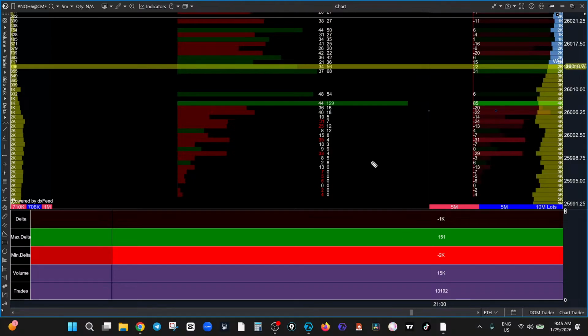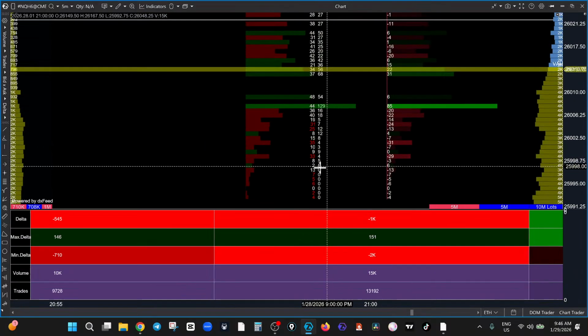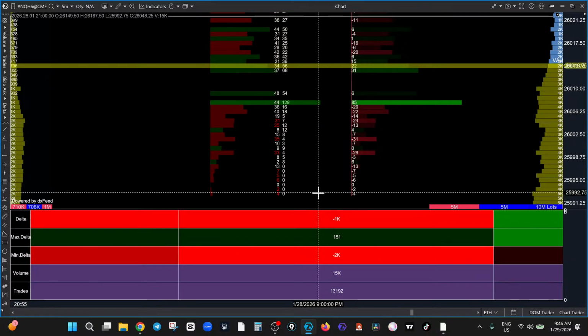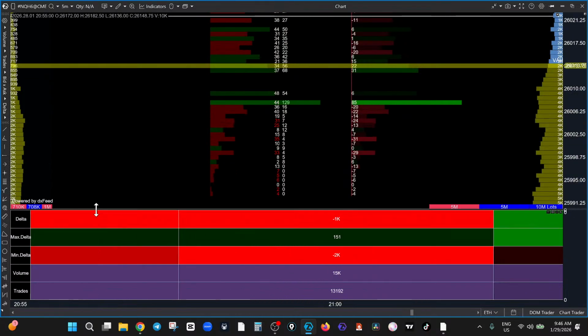Okay. And then if you look at this particular candle, now pay attention. You see this candle? Look at its statistics here. There were 15,000 traded.